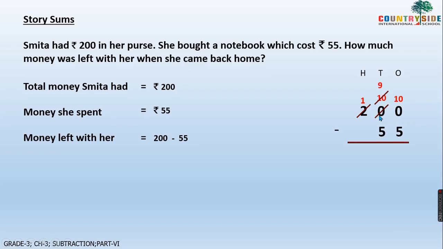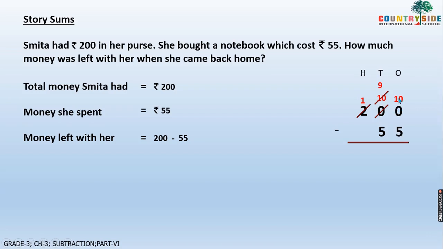So what will you do? Here you will cut this 2 and write 1, because one number is borrowed by this 0. Now this 0 will borrow one number from this 2, so this 0 will become 10 and this 2 will become 1.